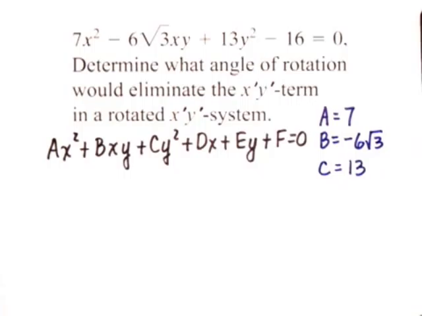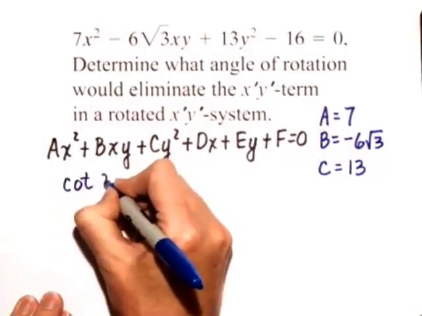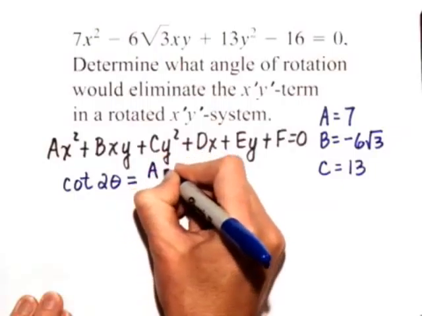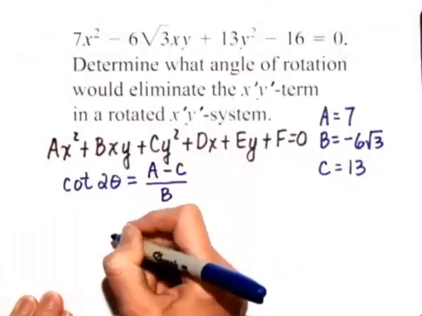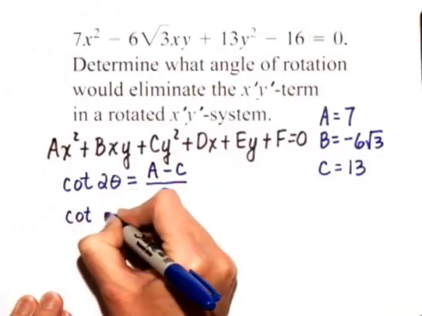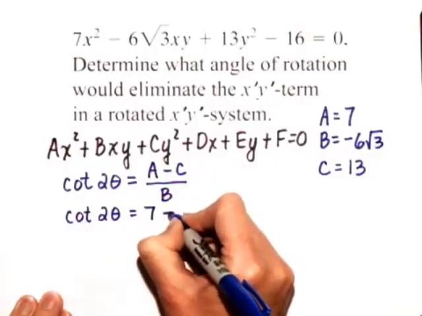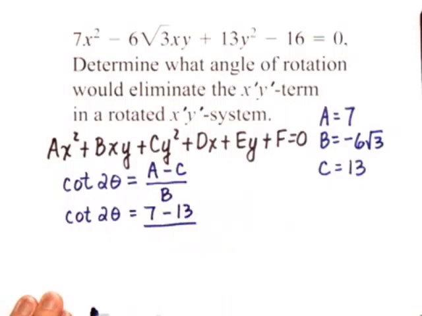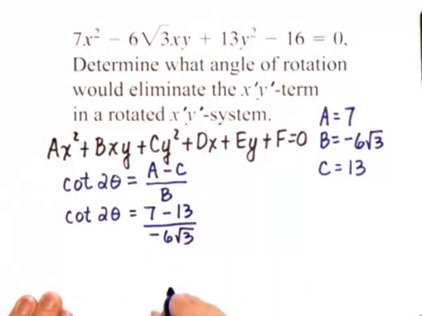And in order to determine the angle of rotation, we need to use the formula: the cotangent of 2 theta is equal to a minus c over b. So in this case, the cotangent of 2 theta is equal to a, which is 7, minus c, which is 13, over b, which is negative 6 times the square root of 3.